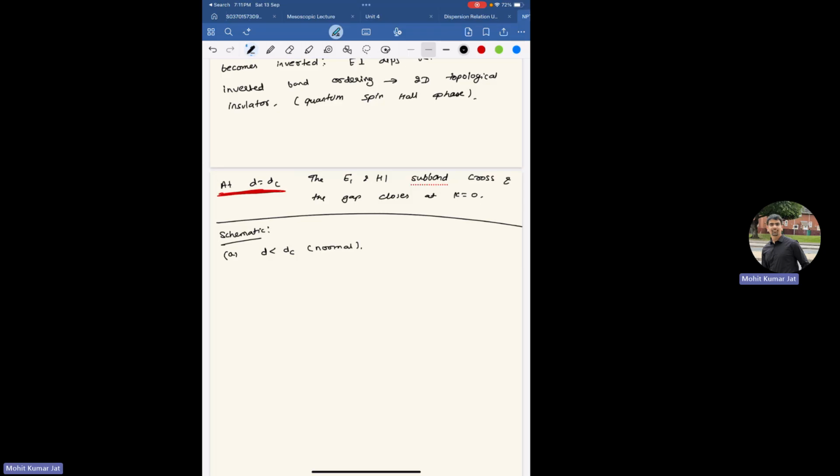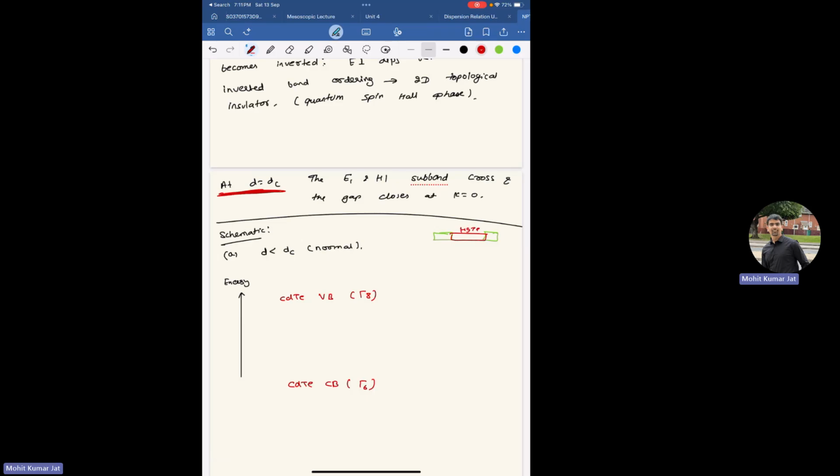Just get it clarified. So D less than DC, this axis is your energy. You have your CdTe valence band, gamma 8, CdTe conduction band, gamma 6 on the other side. So your structure is like your CdTe is there, CdTe is there, which sandwiches your HgTe.